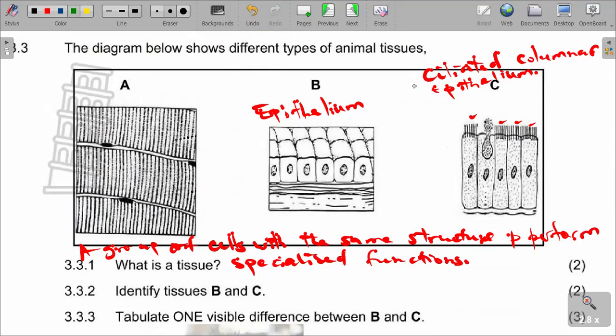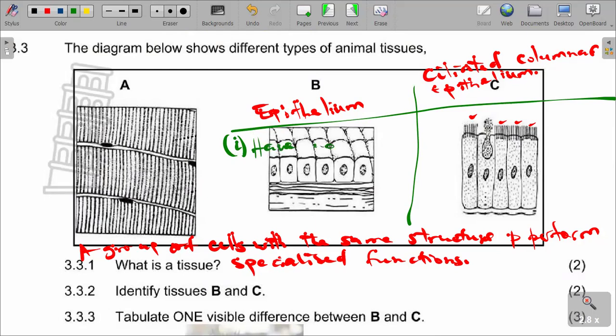So we can just put a line here. One, B has no cilia, but C has cilia, which I have marked there.